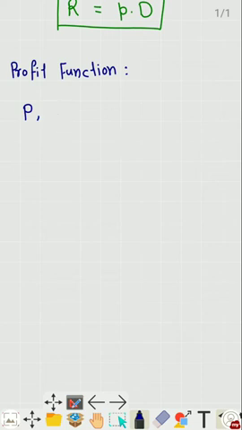Now we are very much familiar with profit, which is the difference of sale price and cost price.